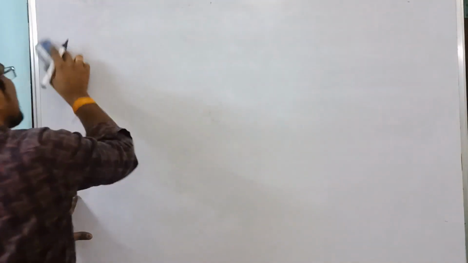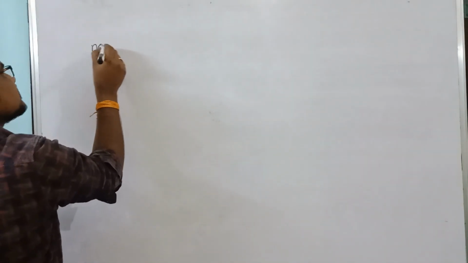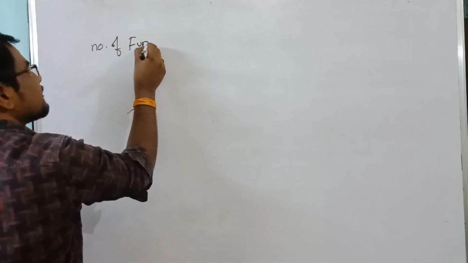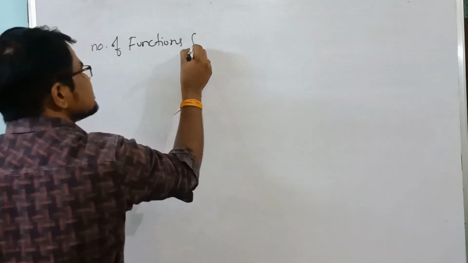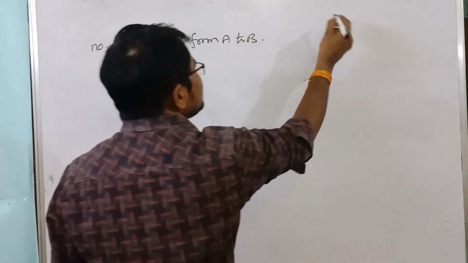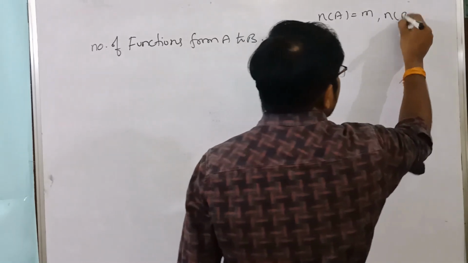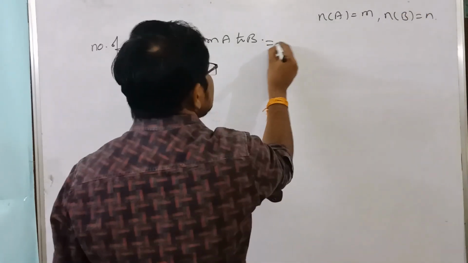Now come on to functions. Once you observe, if you take the number of functions from A to B, A set which contains n of A equal to m elements, n of B equal to n elements, is equal to what?